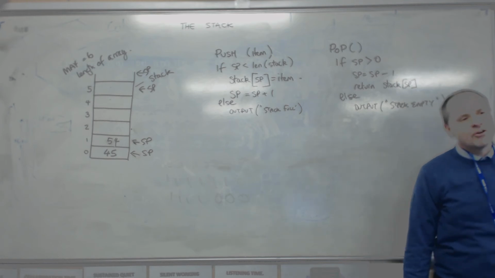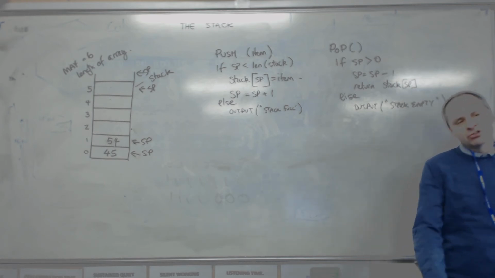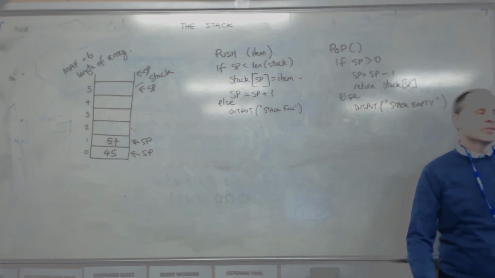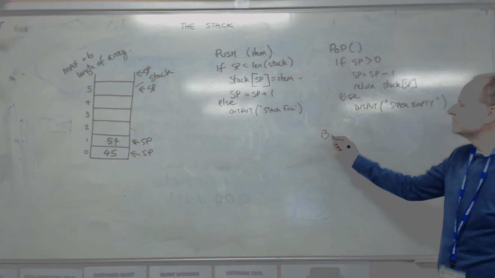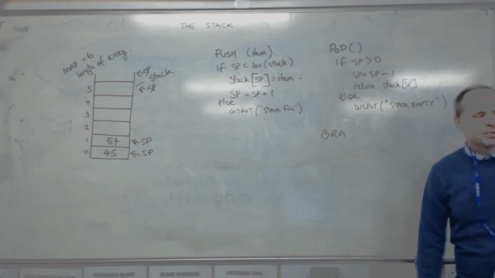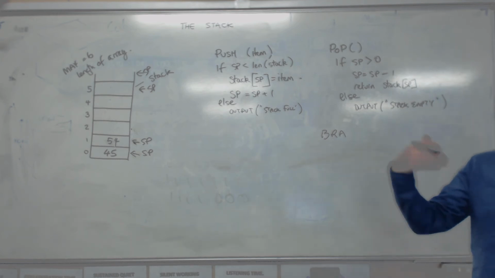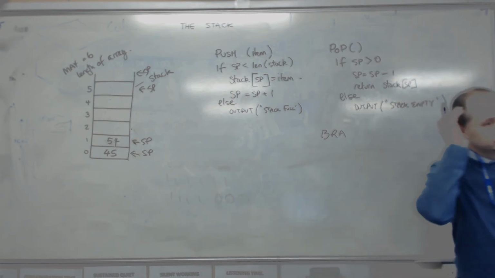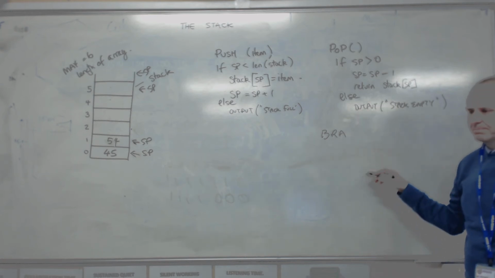The majority of programs do not work like that. What instructions in Little Man Computer modify the program counter? Branch. Right. Branches. BRA, branch always, forces the program counter to a different location. So that allows us to do loops.